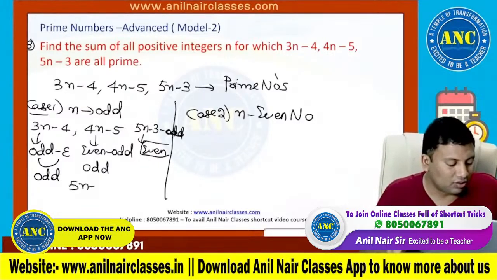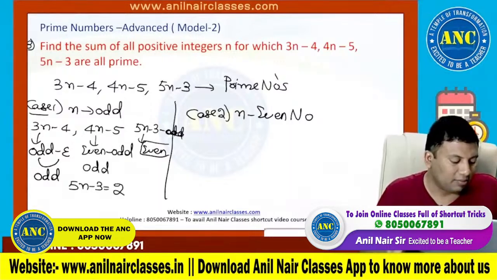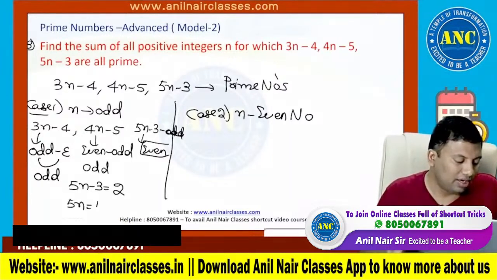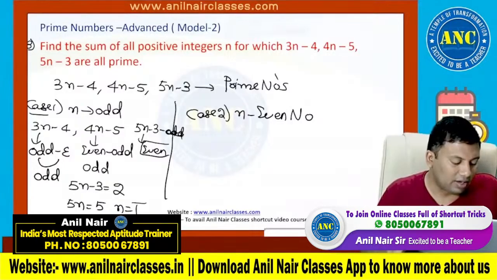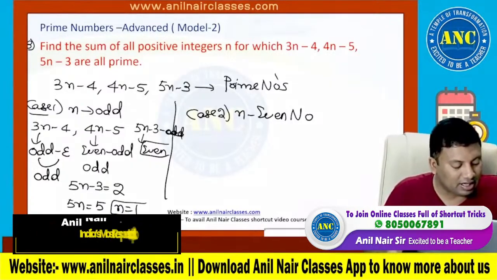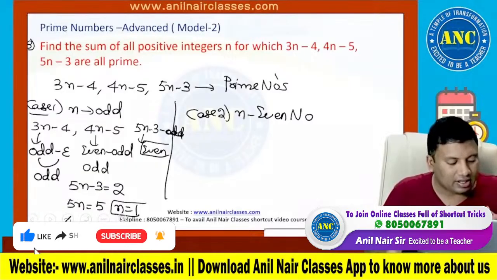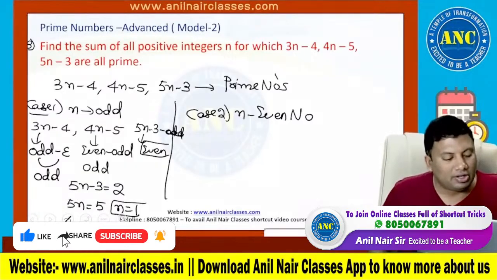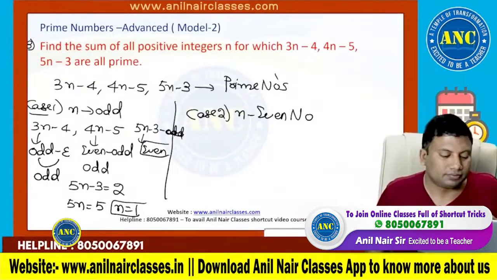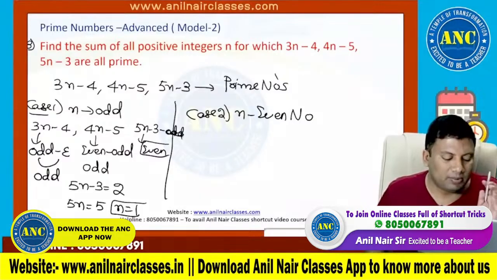So what is the only even prime number? 5n minus 3 is 2. 5n is equivalent to 5. n is equivalent to 1. So if I take the case of n as an odd number: odd into odd, odd; odd minus even, odd. Odd into even, even; even minus odd, odd. Odd into odd, odd; odd minus odd, even.